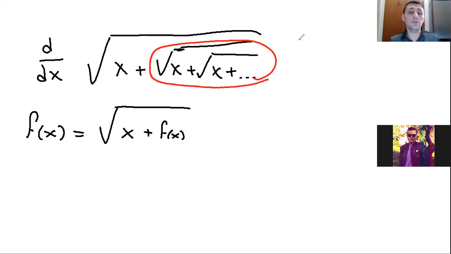So what we can do is figure out implicitly what the derivative is. We haven't talked about implicit differentiation, but we can actually solve it.